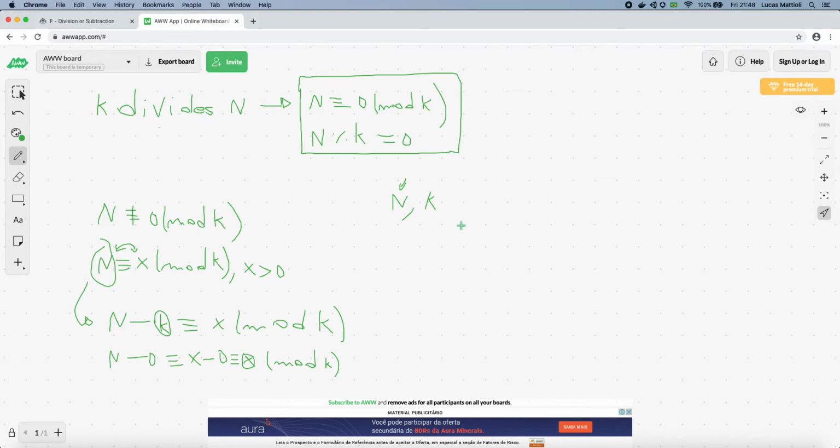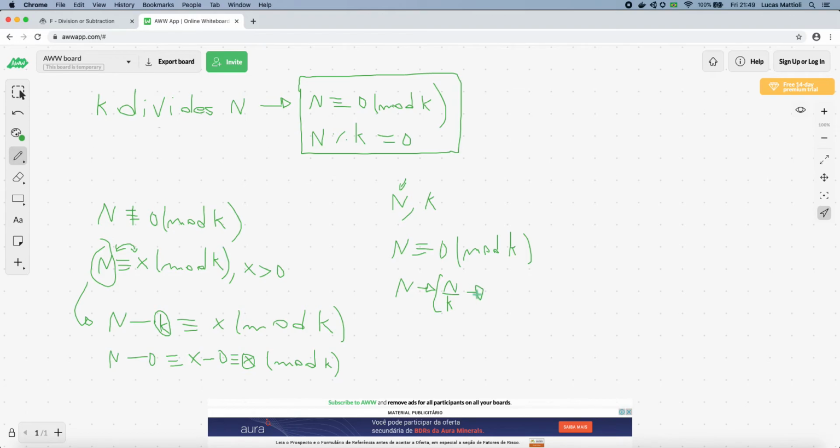And there is the other case, that n starts as a multiple of k. So initially you have that n is congruent to 0 mod k. And then what we'll do is basically set n as n divided by k. And then we'll check again, is it a multiple of k?